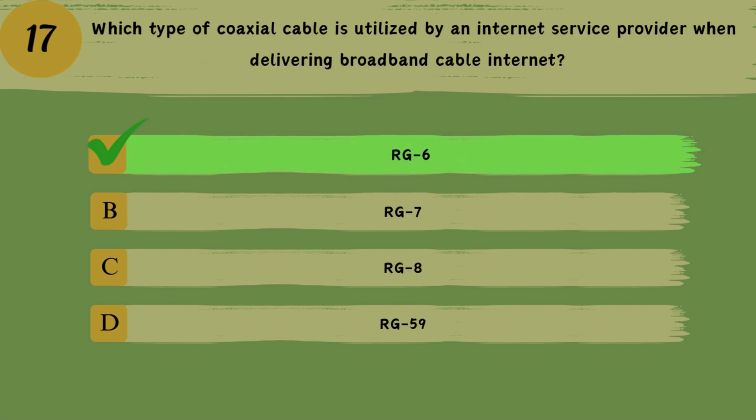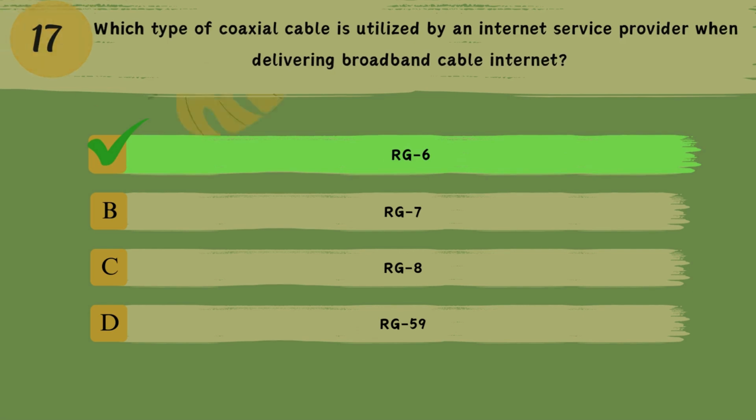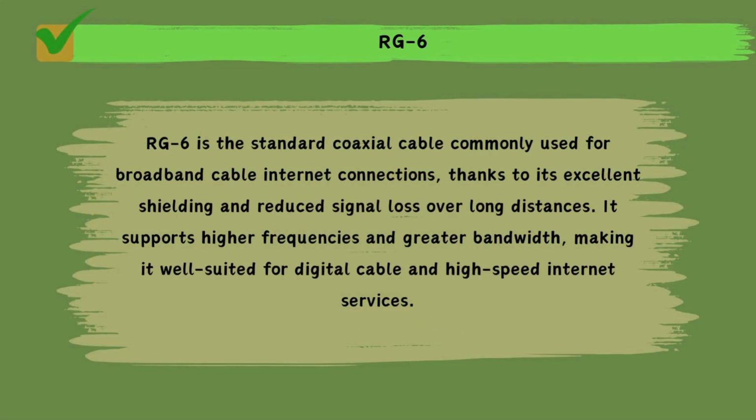Correct answer: A. RG6. RG6 is the standard coaxial cable commonly used for broadband cable internet connections, thanks to its excellent shielding and reduced signal loss over long distances. It supports higher frequencies and greater bandwidth, making it well-suited for digital cable and high-speed internet services.